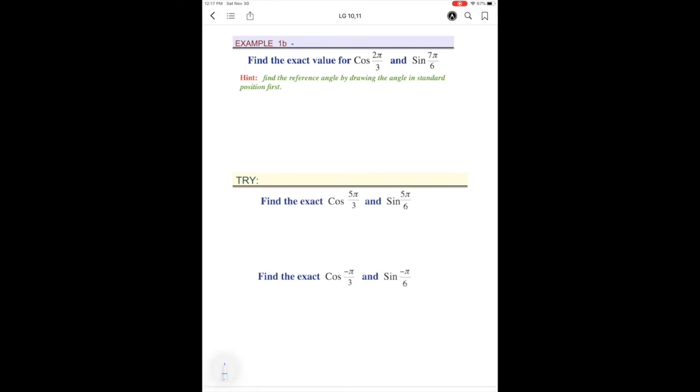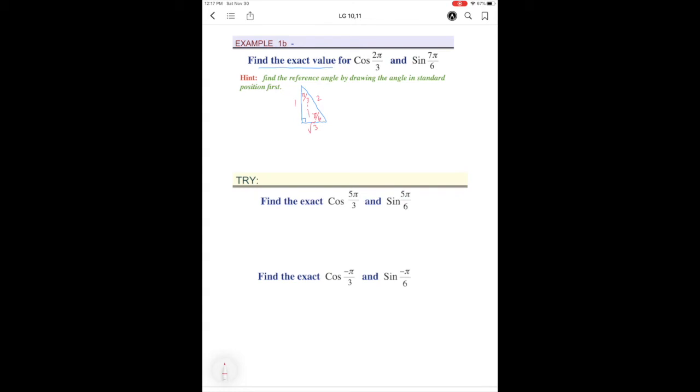Now let's look at finding the exact value. As soon as you see find the exact value, you want to draw your special triangles because it's going to help you find the answer to these questions. So I'm staying in radians, so I'm putting pi over 3, pi over 6, 1, 2, root 3.